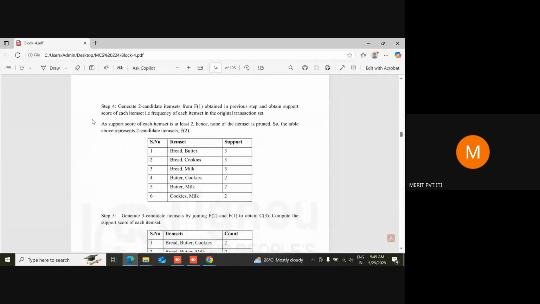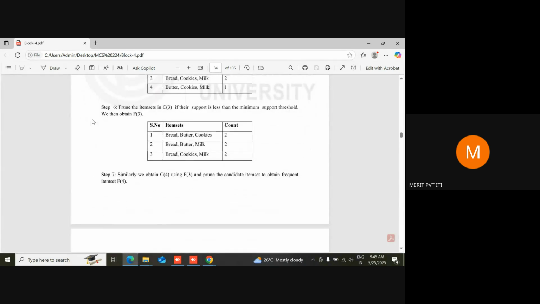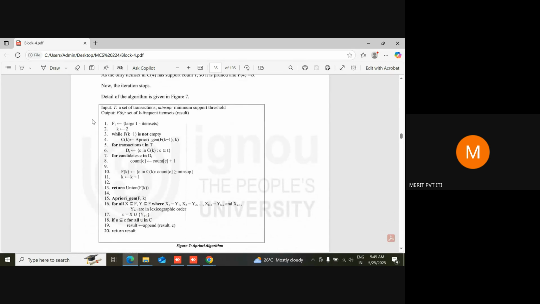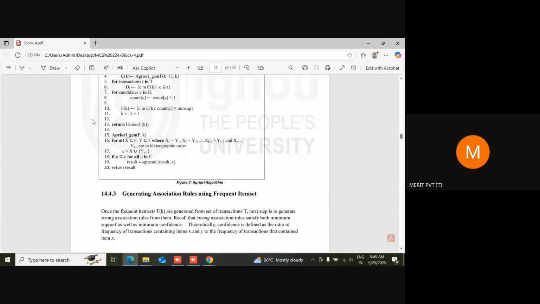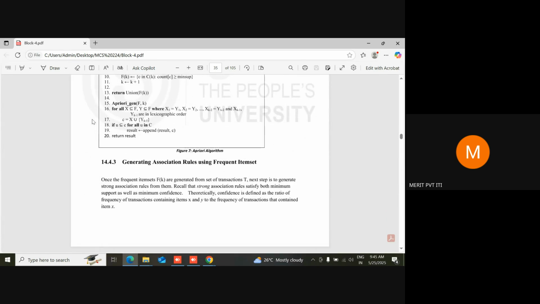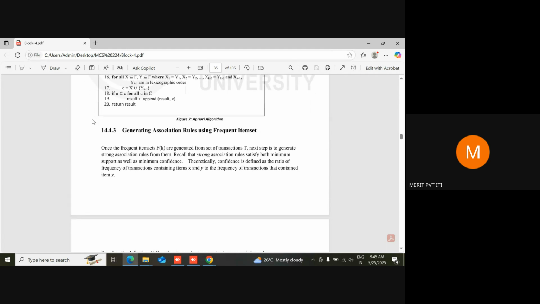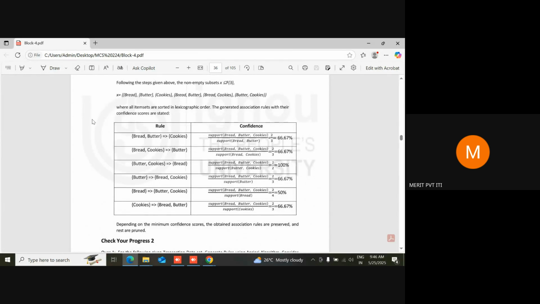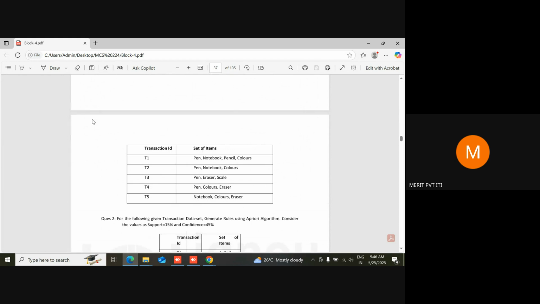You will find it quite interesting. You will like it, and you will see that in a mall you should be putting the items accordingly. This is the program, the appropriate algorithm for generating association rules using frequent item sets, and this is also the same thing which is talked about.